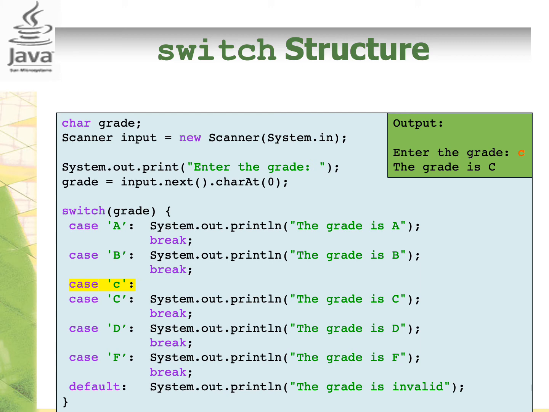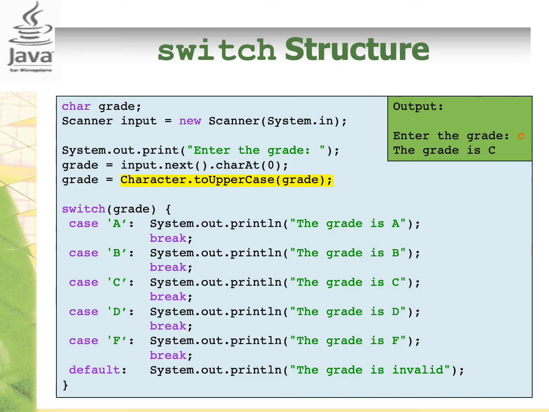So here, it finds the matching case, which is small letter c. There is no break there. It will continue with the case capital C, and then the statement, the print line. It will display the grade is C, and because the capital letter C case has the break, it will break out of the switch. So, when we run this code and we enter small letter c, it will display the grade is C.